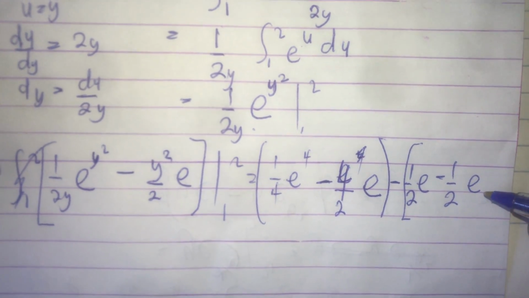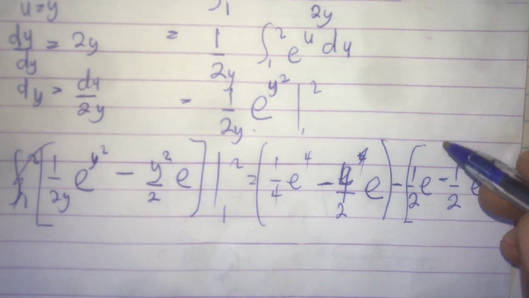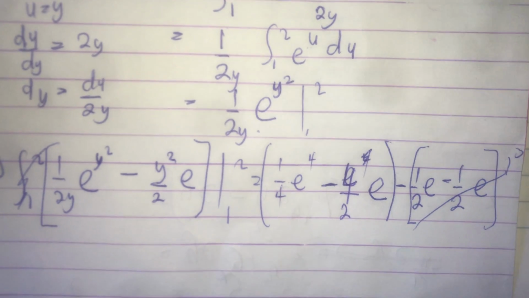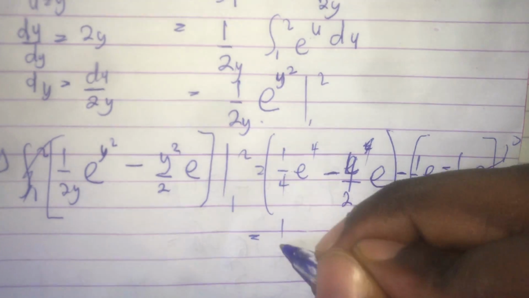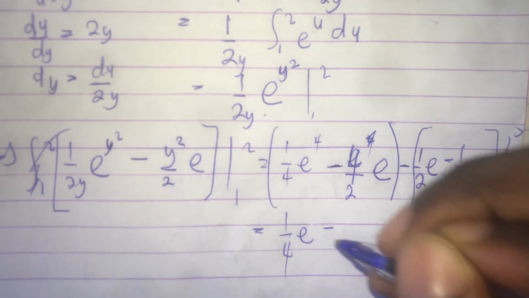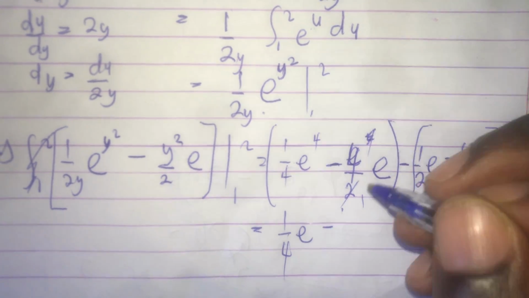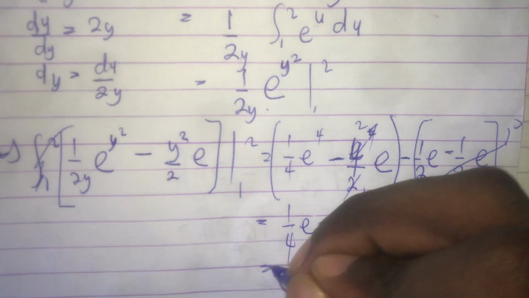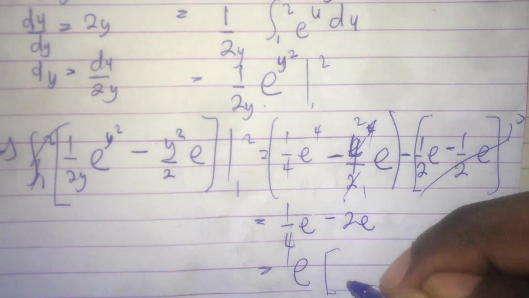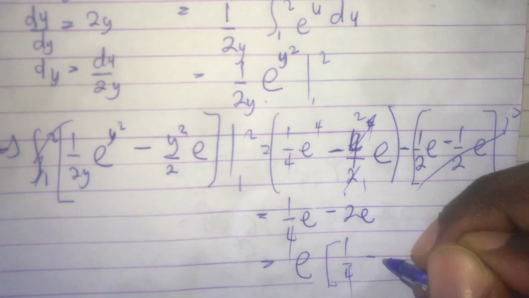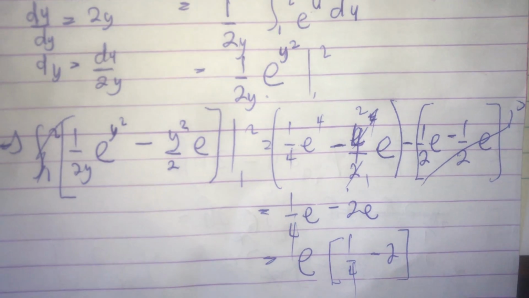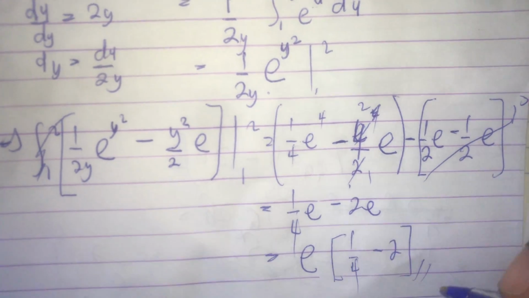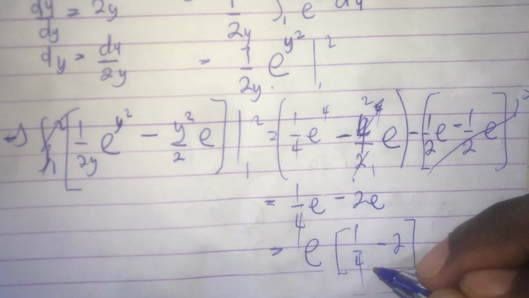With this you can see that this will give us 0. So we end up getting e^4 over 2 minus e over 2. Then go on to simplify this.